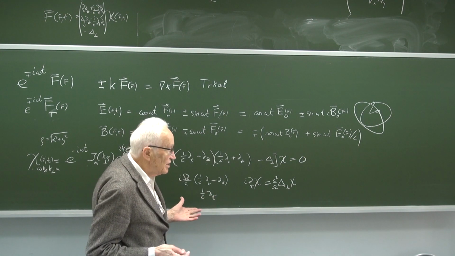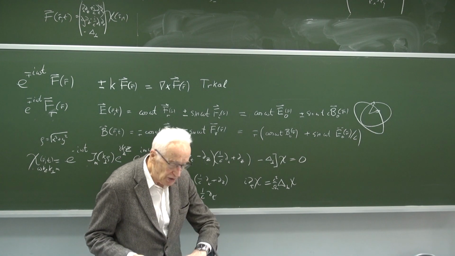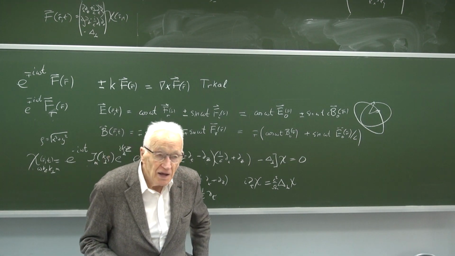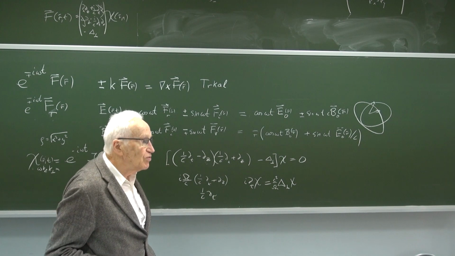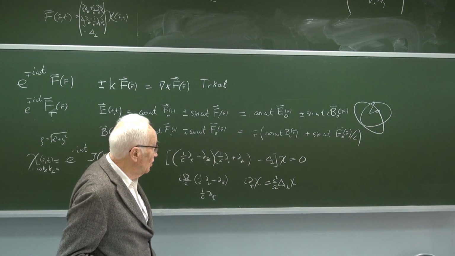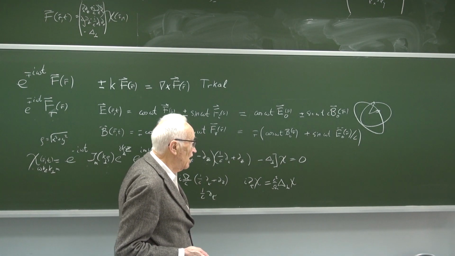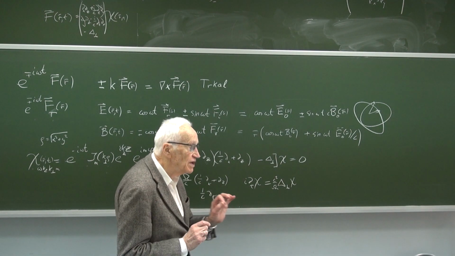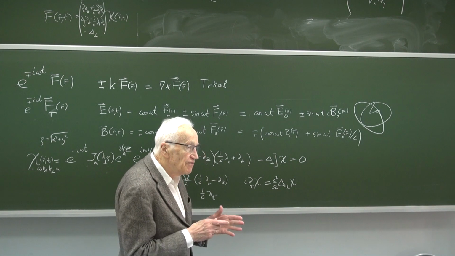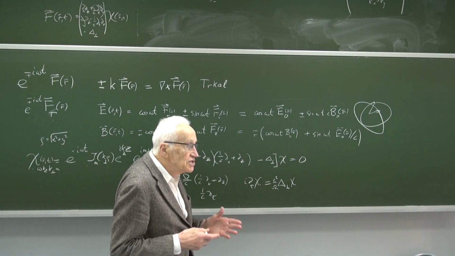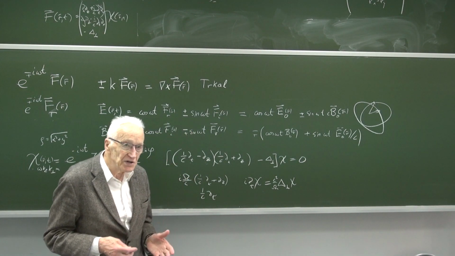So why are these solutions of Maxwell equations so popular? Because people working in optics don't care too much about this sick behavior, because they consider these beams as being focused, and this is the so-called paraxial approximation.